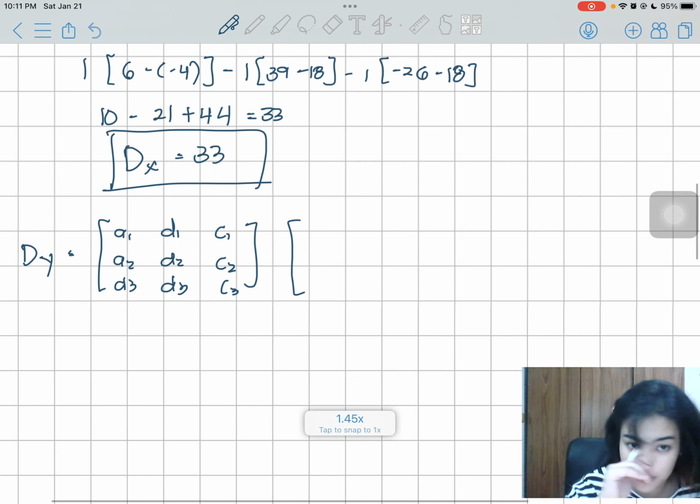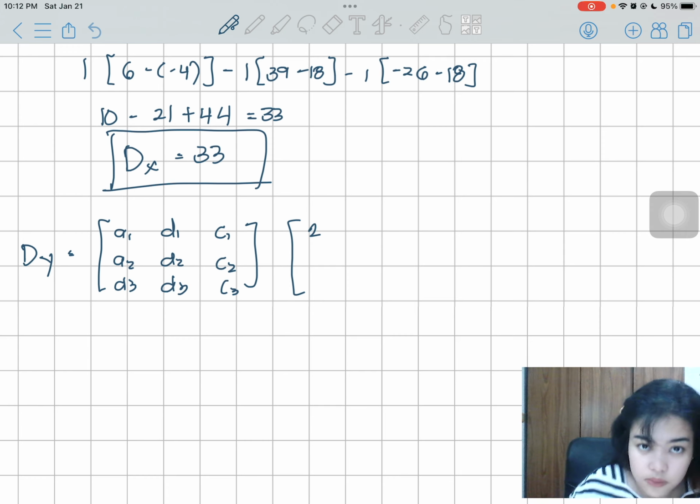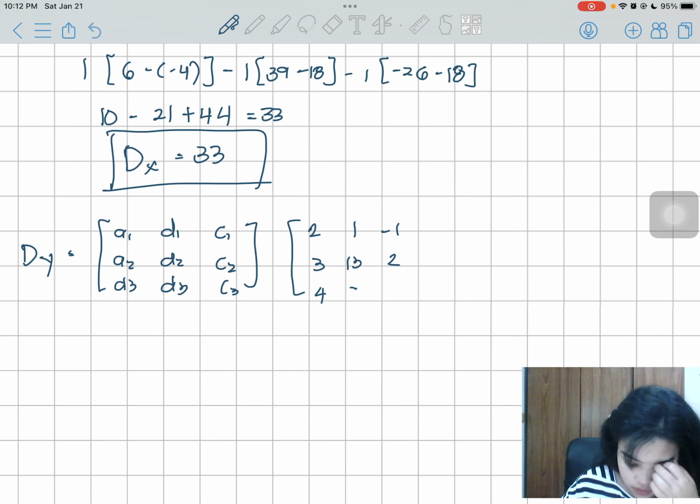For A, we have 2, 3, 4, then 1, 13, 9, and negative 1, 2, 3.